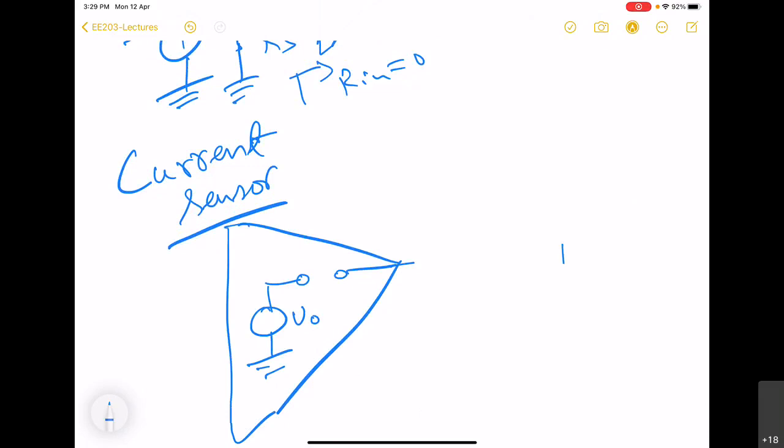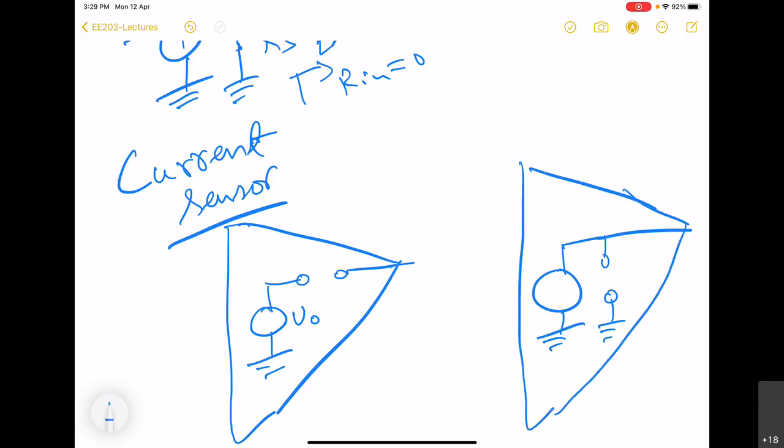Or the alternative arrangement is that you take a current source which has infinite output resistance. So in both cases, you will be able to guarantee R out to be infinite.